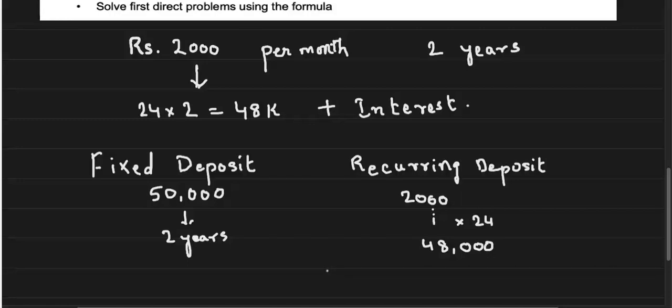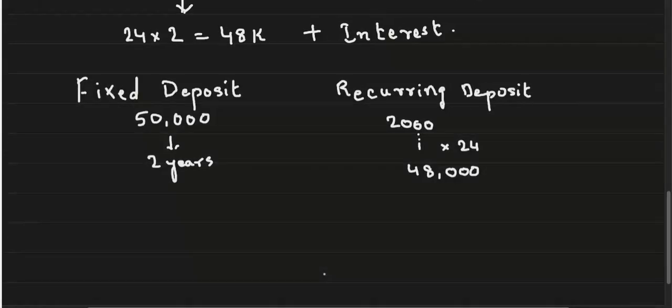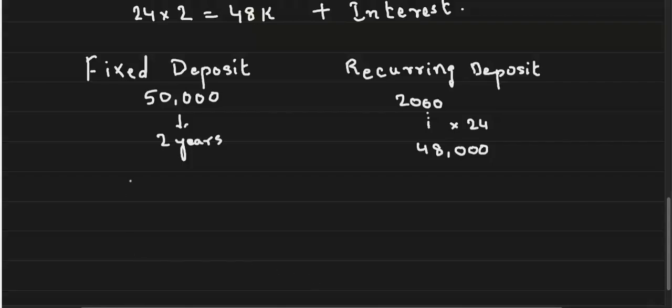However, the calculation of interest is not the same for both scenarios. In a fixed deposit, the interest gets calculated from day one on the complete amount, that is 50,000 rupees. So the formula is the very simple interest formula, PTR by 100.